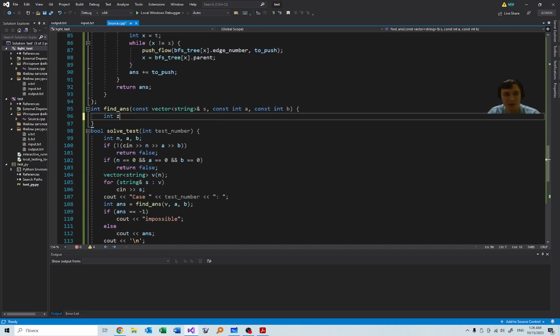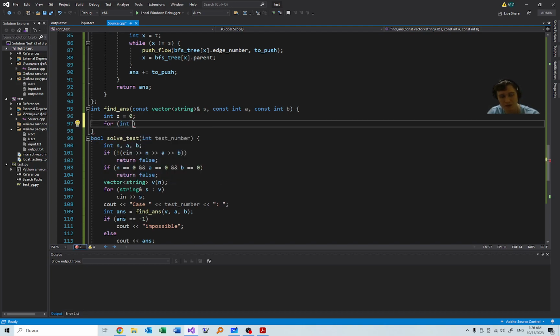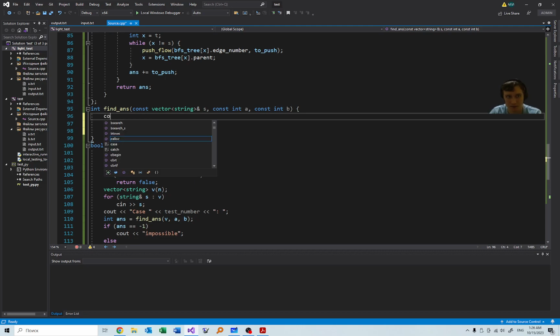Great. First of all, we need to find z, which is a number of already used chips. Not chips, but how is it called? Widgets, components.